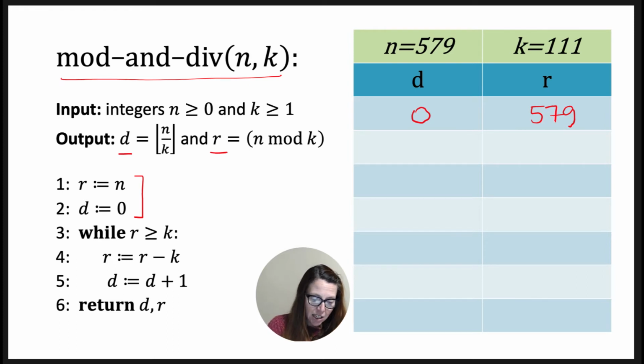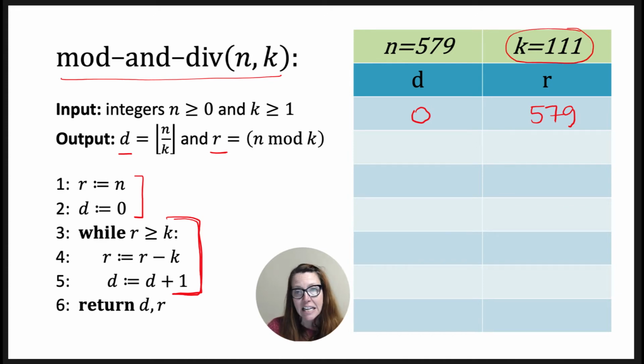And then it's going to iterate through this loop structure while r is greater than or equal to k. So we check, is r greater than or equal to k, which is 111? It is. 579 is greater than 111. And so we enter that loop. And so we're going to run lines 4 and 5 as long as r is greater than or equal to 111.